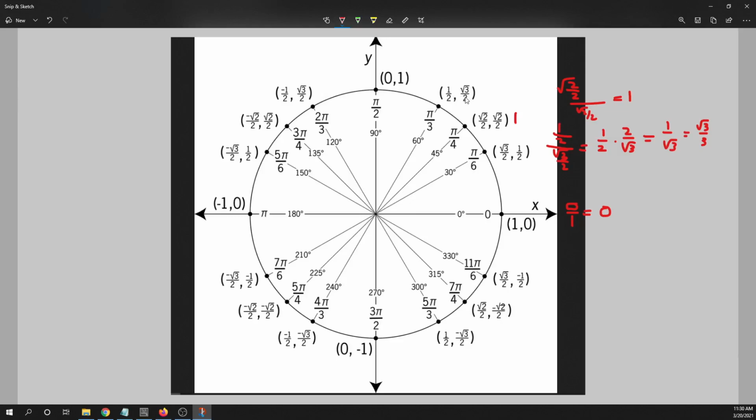On this one, at pi over 3, it would be square root 3 over 2 over 1/2, which is the same as square root 3 over 2 times 2 over 1. That comes out to be square root 3. So this is square root 3. I'm going to go ahead and erase a little bit of this.